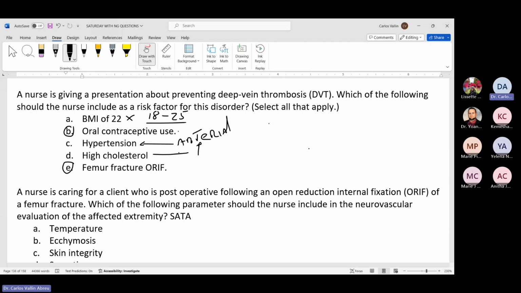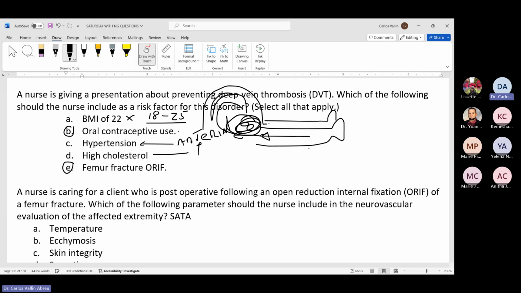Anything that produces immobility, you know that the blood moves in the legs when the legs are moving. So anything that promotes immobility, that the client is not moving. Anything that promotes obstruction of the blood flow here, like obesity, like pregnancy, like a fibroid or tumor in the uterus, promotes DVT.